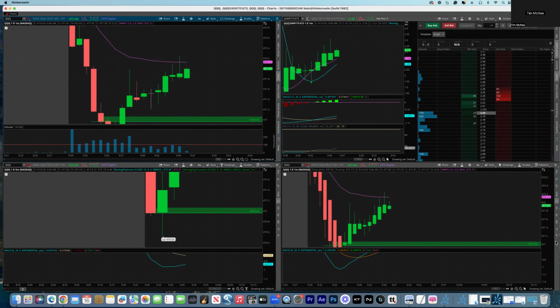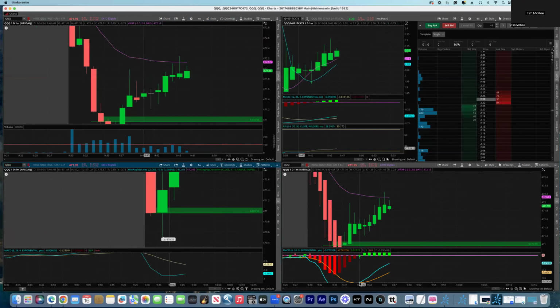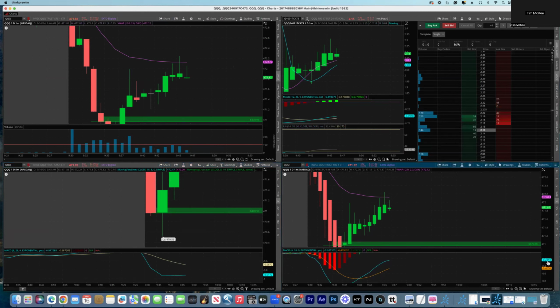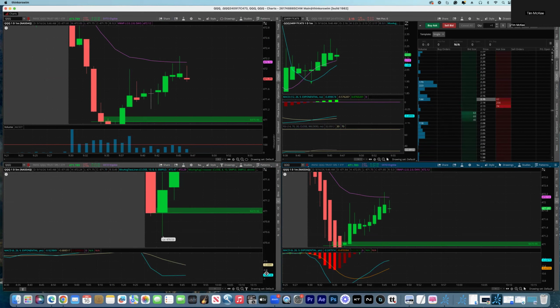Let's get some other charts back in view here. There we go. We did, of course, cross a while back on our MACD on our Heikin-Ashi, 1 minute. 5 minute is just flat.